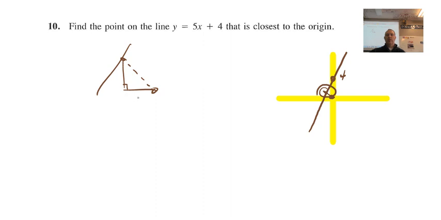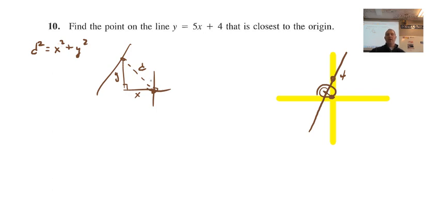That's the length. This is the x variable, this is the y variable. So using Pythagoras, the distance squared equals x squared plus y squared. Being that this is the origin makes things handy.